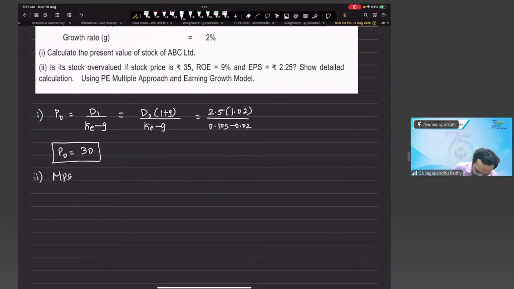So we have the market price of share as 35. Return on equity is 9%. EPS is 2.25. So we have to calculate the value using the P multiple approach and earnings growth model also.